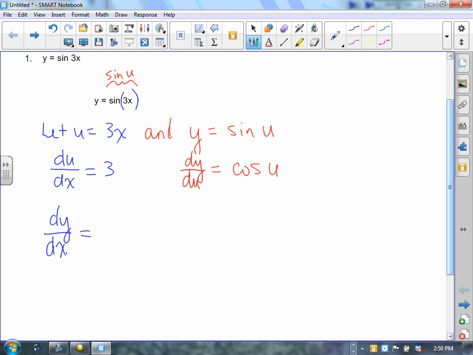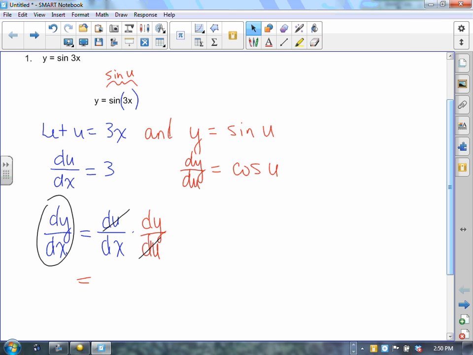That is to say, we take du by dx and we multiply it by dy by du. Notice that we can cancel the du's, hence the reason why we end up with dy by dx.